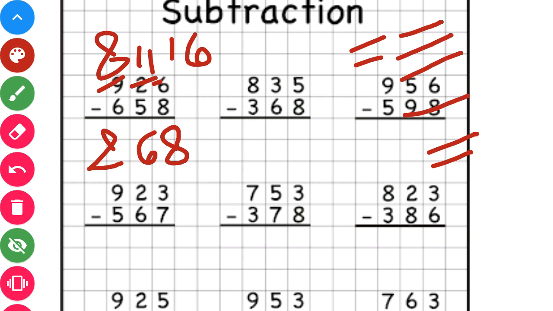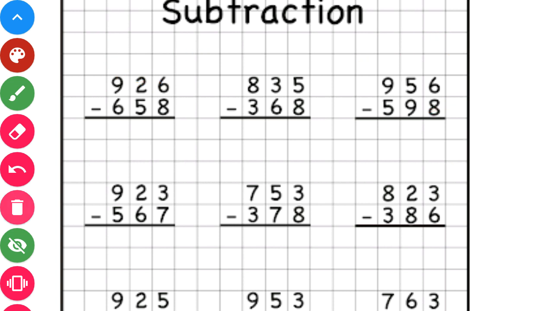Okay, now kids, I have explained enough examples. Now some of the questions will be solved by you. So solve this question, then I will solve it and then we will check our answer. 835 minus 368. Now this question you have to do. Solve it. Start from the right position.